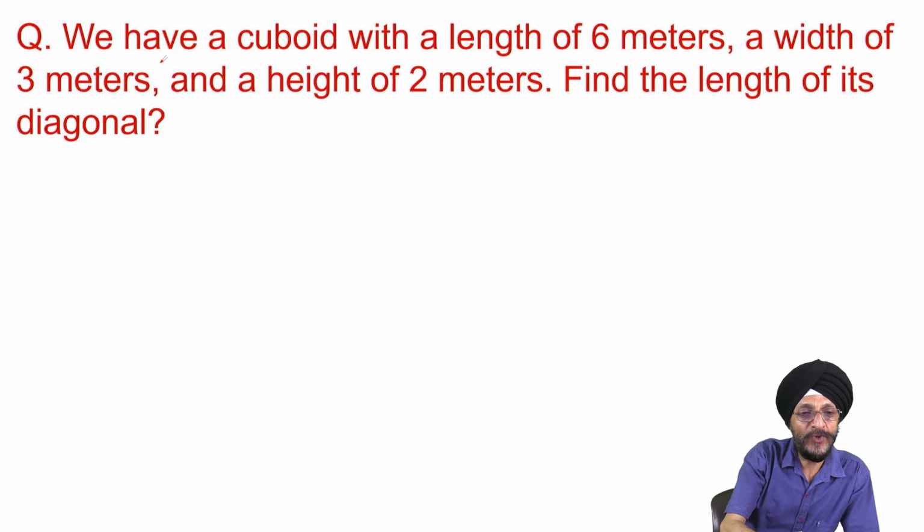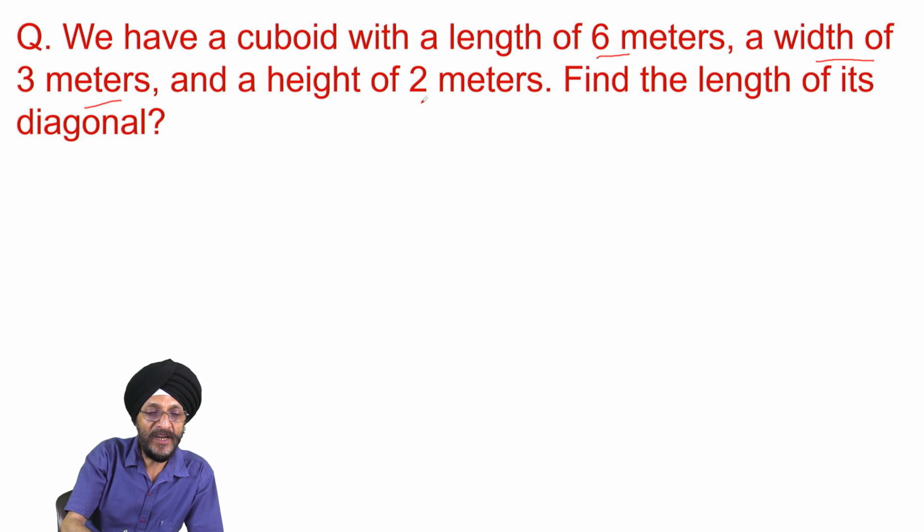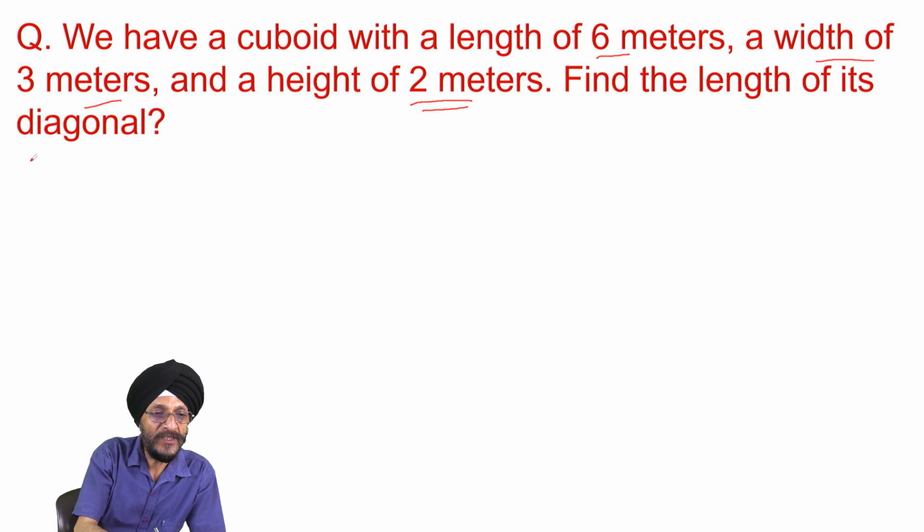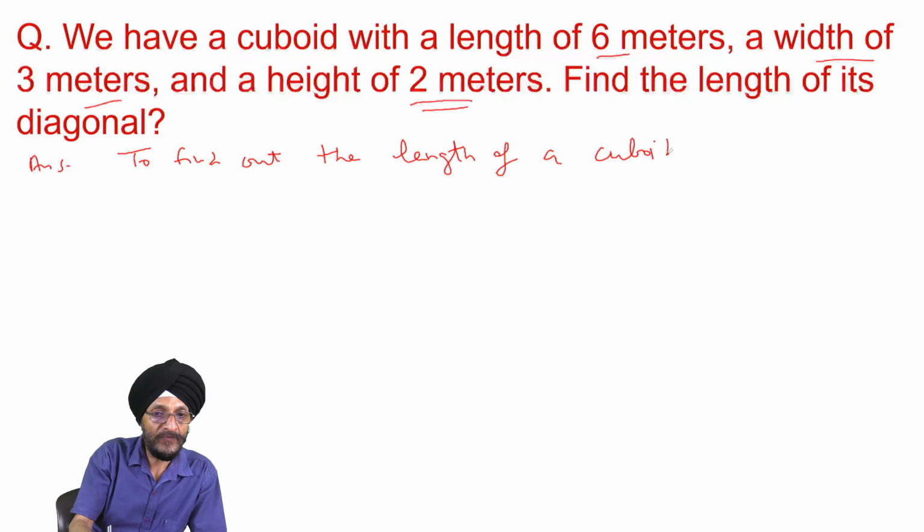The question before us is, we have a cuboid with a length of 6 meters, a width of 3 meters, and a height of 2 meters. We have to find out the length of the diagonal of the cuboid.